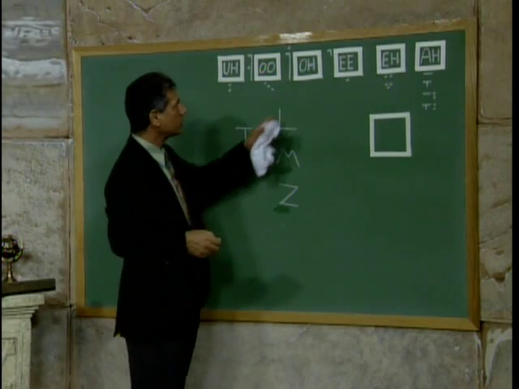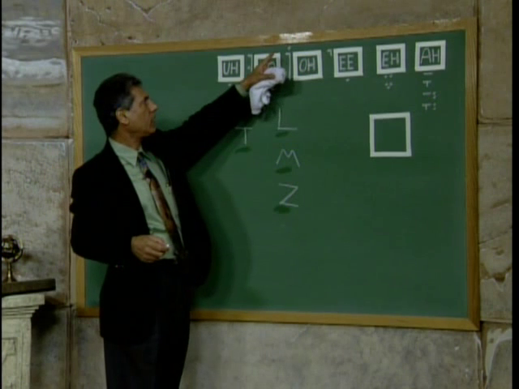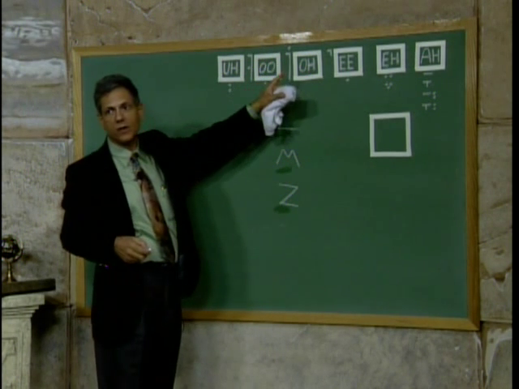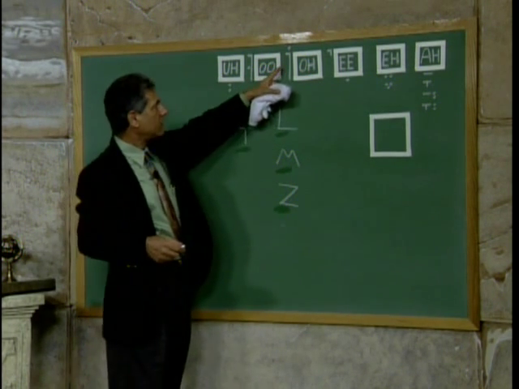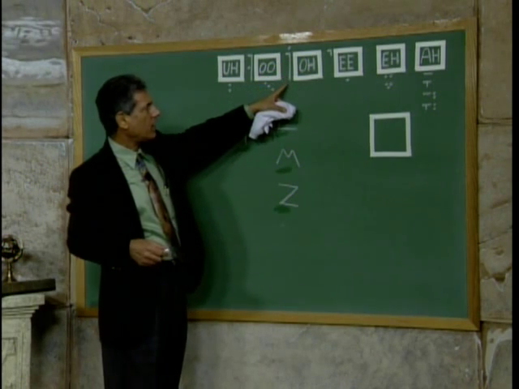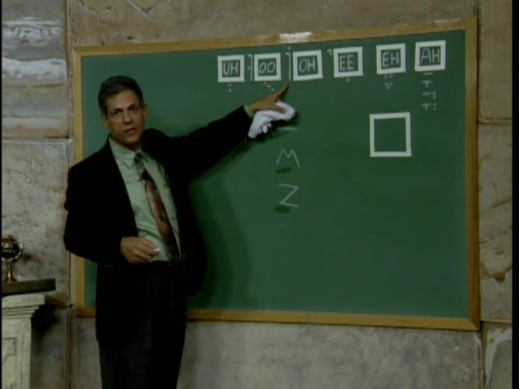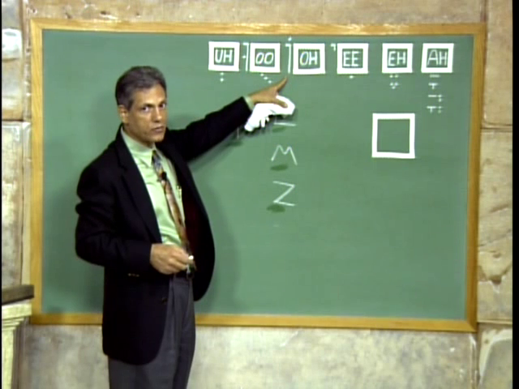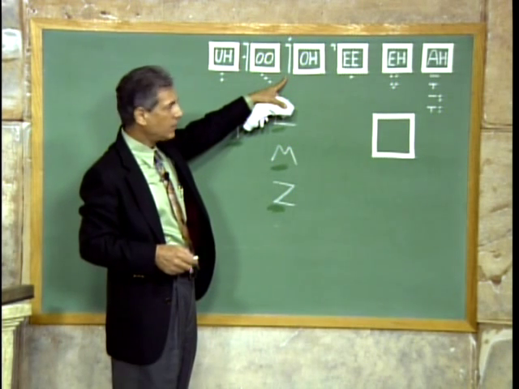The next vowel is an O sound. And the O sound is achieved by putting a dot on top of the letter. And sometimes it comes with a Vav, the letter Vav, which is the 6th letter of the Hebrew alphabet.